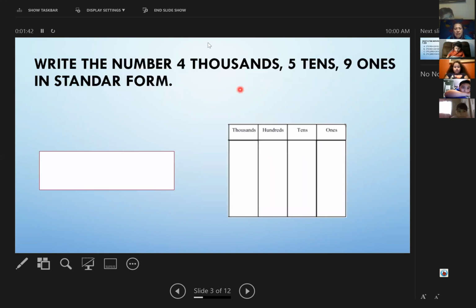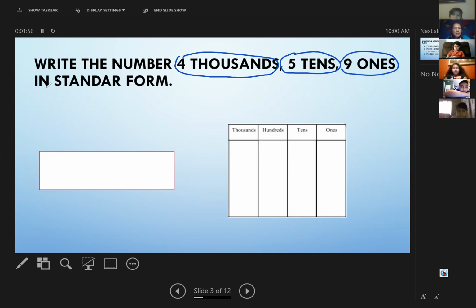The next question is asking us to write the number 4 thousands, 5 tens, and 9 ones in standard form. So let's use the place value chart to get that answer.